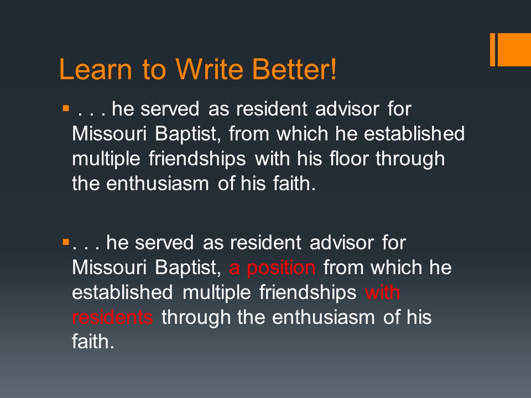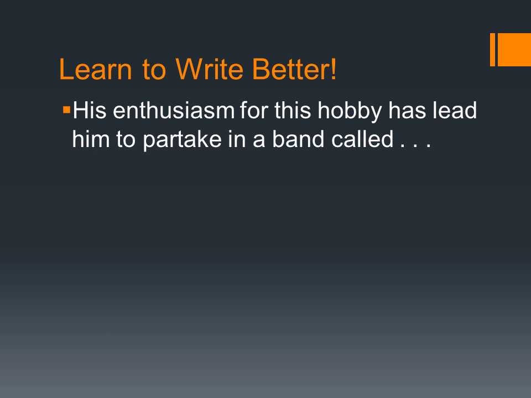Take a look at this wording. He served as resident advisor for Missouri Baptist, a position from which he established multiple friendships with residents through the enthusiasm of his faith. So we get some clarity here by changing the structure of the sentence to read as it does in the second example there.